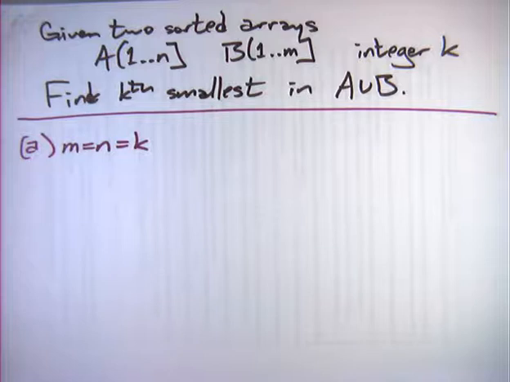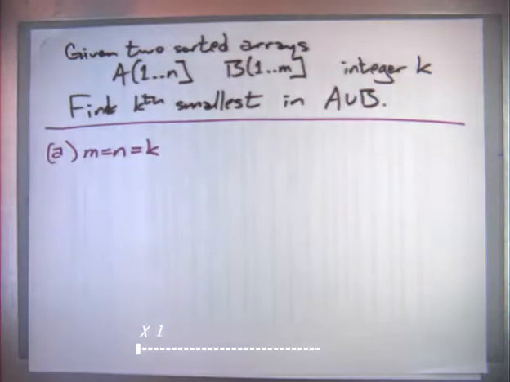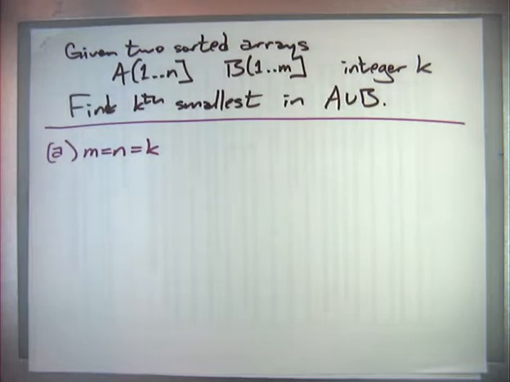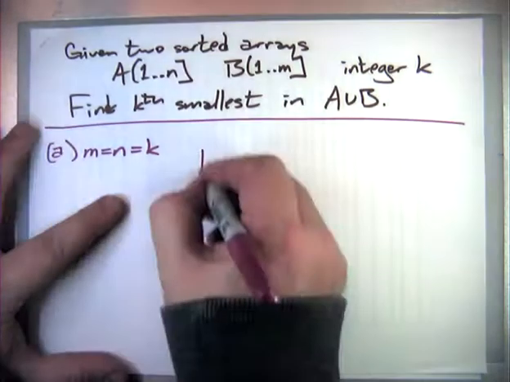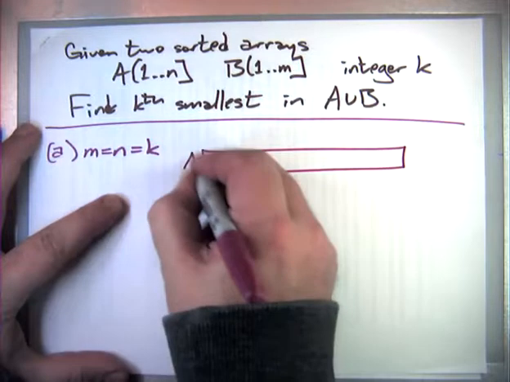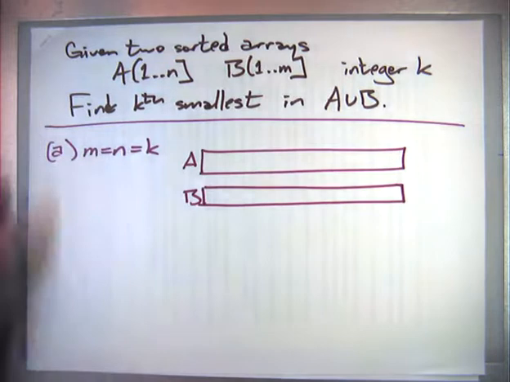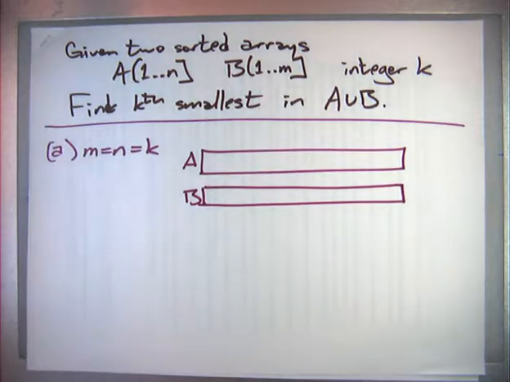Okay, just partly to build up some intuition, but partly because, in fact, this is the only interesting case, which we'll see in a minute. All right, so the idea is now I'm given these two arrays, A and B, and I want to find the median element in their union.